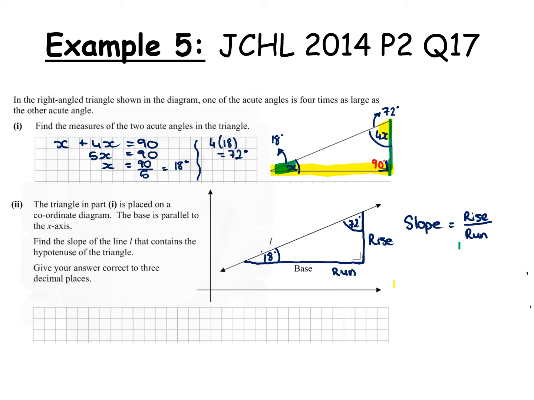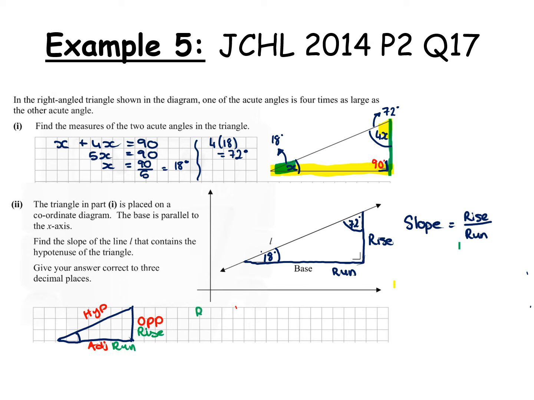If I was to sketch out a right angle triangle, which we have, and I label this as my angle, labeling for trigonometry, this will be the hypotenuse, this will be my opposite because it's opposite the angle, and this is my adjacent. Now, how we label it for coordinate geometry and for slope is this will be my rise, and this is my run.